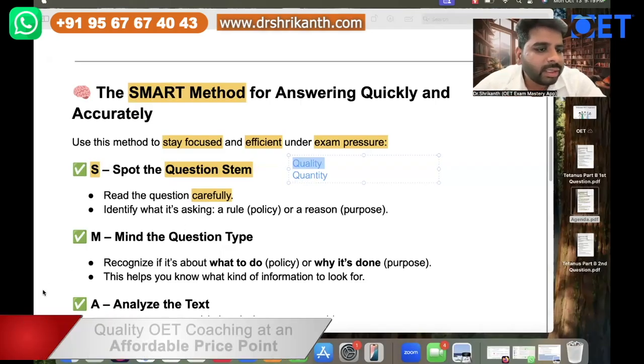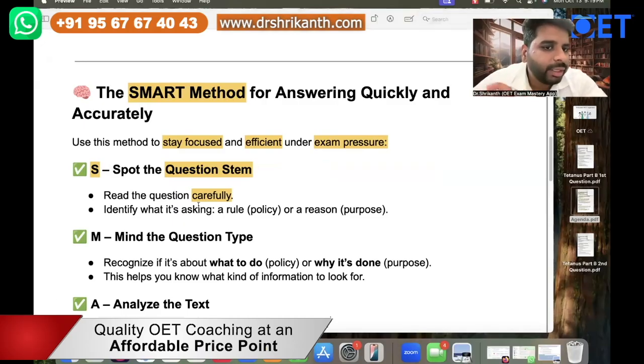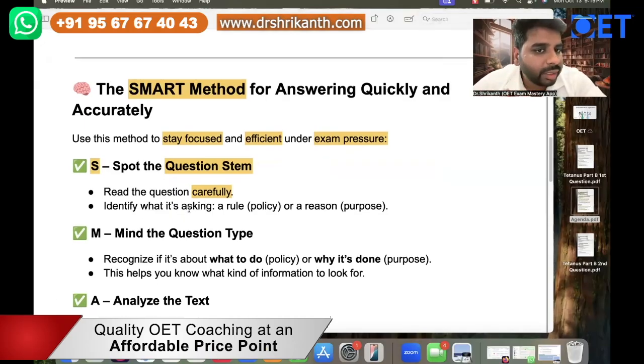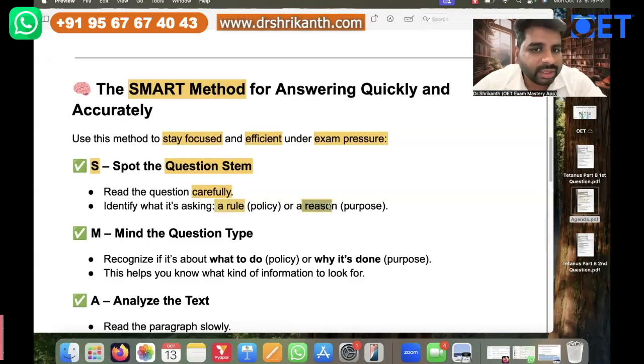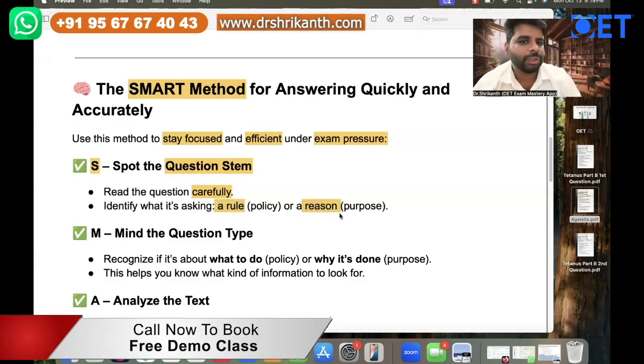So S stands for spotting the question stem, and you have to read the question carefully. You have to identify what it is asking, whether it is a rule or a reason. Here, the question is asking me the purpose. That clarity will definitely help you out, right?